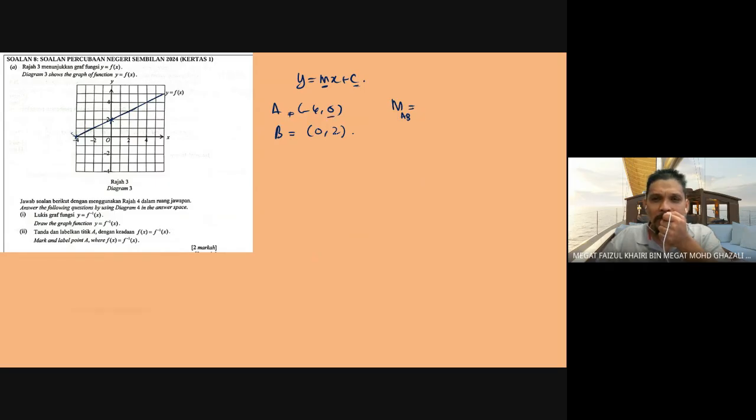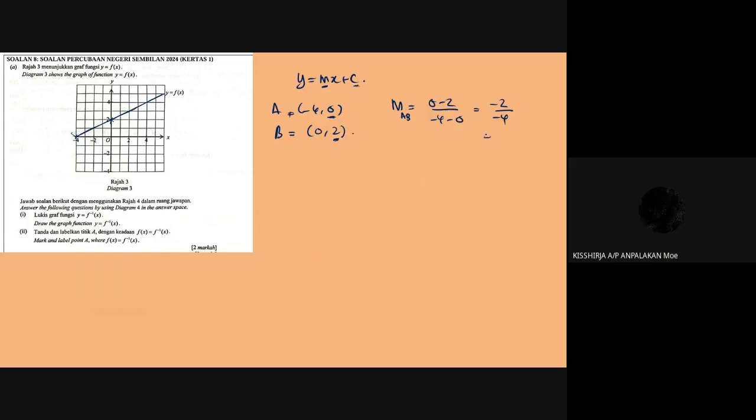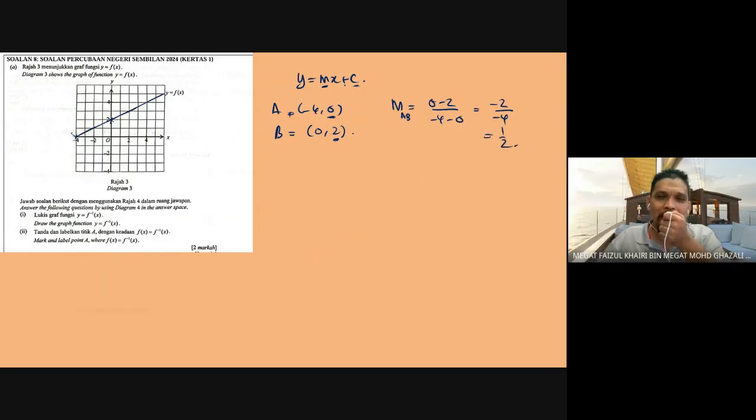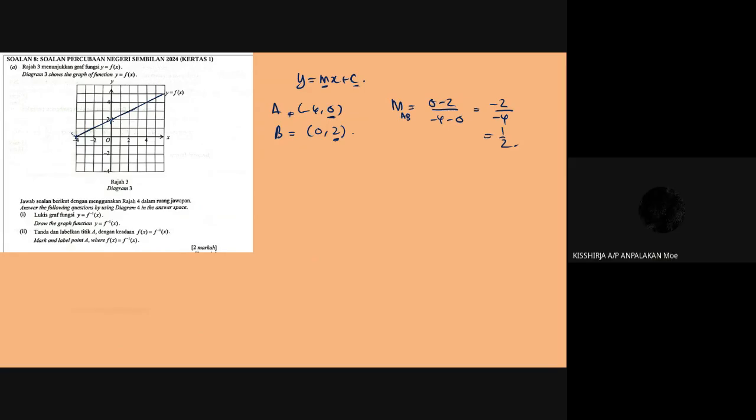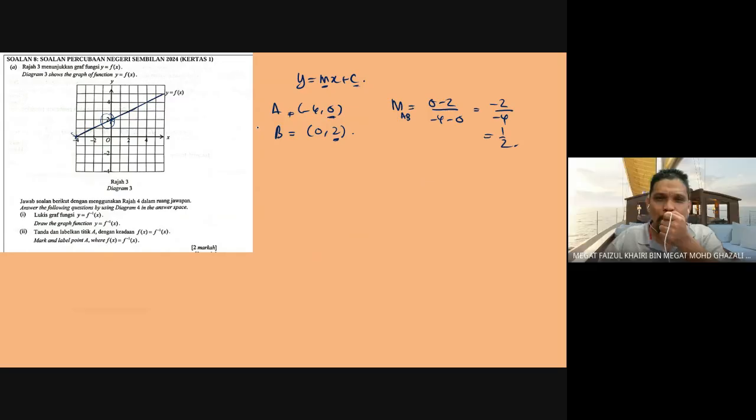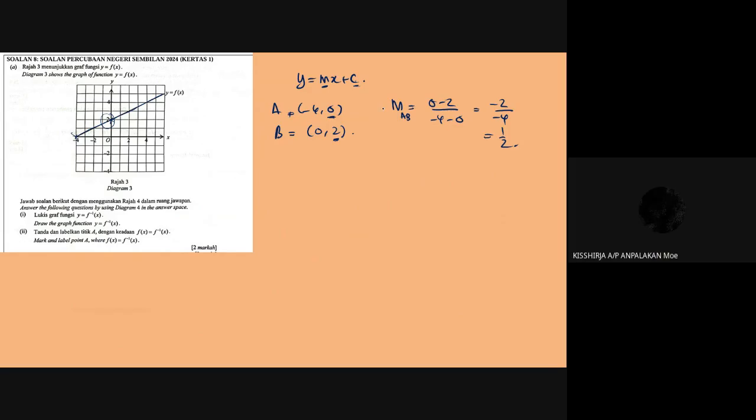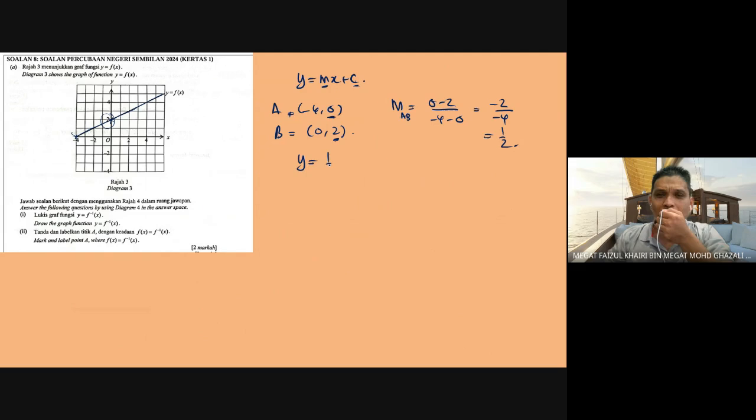So 0 minus 2 divided by negative 4 minus 0. It is negative 2 divided by negative 4, equal to 1 over 2. And then the y-intercept, when x equal to 0, y equal to c equal to 2. So it is now y equal to 1 over 2 x plus 2.